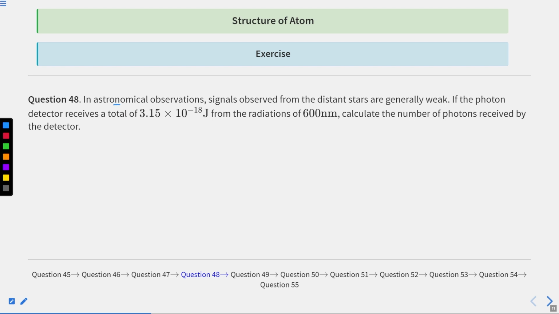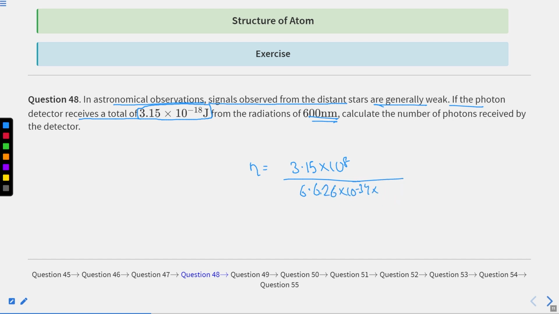Next is, in an astronomical observation, signals observed from a distant star are generally weak. If the photon detector receives a total of this much joule of energy from radiation of 600 nanometer, we have to calculate again the number of photons. The formula is very simple: energy received divided by energy of one photon, that is hc by lambda. 6.626 into 10 to the power minus 34, c is 3 into 10 to the power 8, by lambda, where lambda is given as 600 into 10 to the power minus 9.